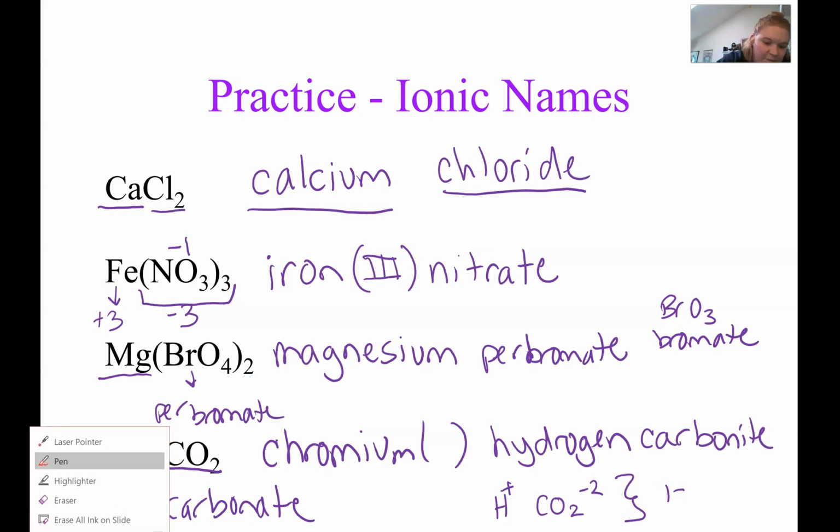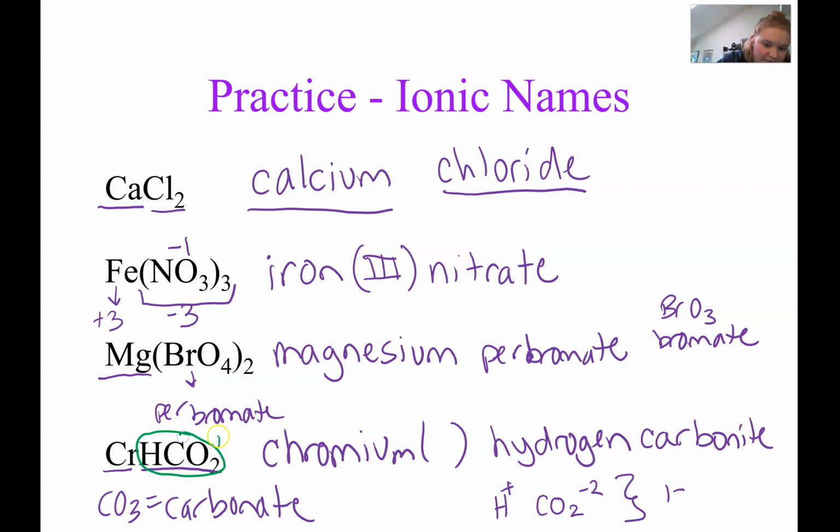So this is a 1-, which means that chromium has to be a 1+ to balance it out. So in my brackets here, I'm just going to put a Roman numeral 1. And the way we would say that is chromium 1 hydrogen carbonite. We actually do say the numbers.